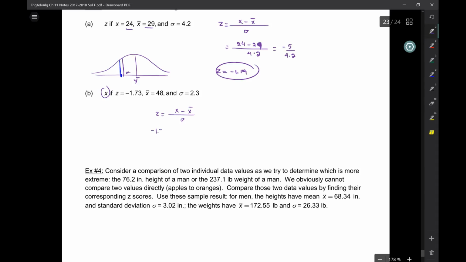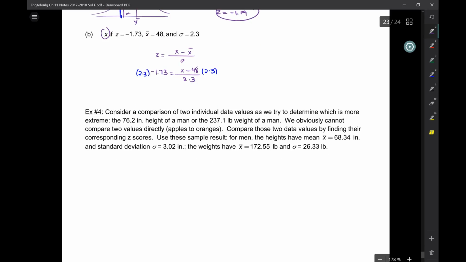We're given z, x minus x bar over 2.3. Multiply both sides by 2.3. And I get 979.